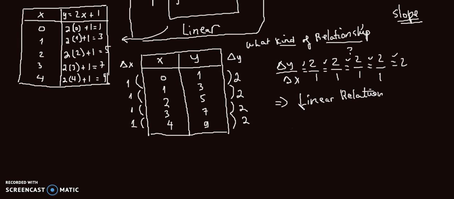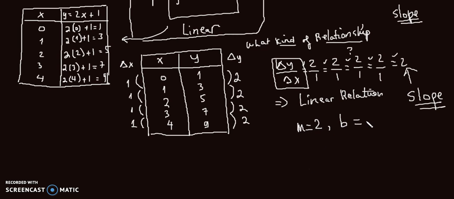Now, what happens if you are asked to write the equation for that? Here, 2 is actually our slope. Why? Because based on the definition, delta y divided by delta x equals 2. So you know the slope already, it's 2. And then what you need is to find the intercept. There are two ways of doing this.